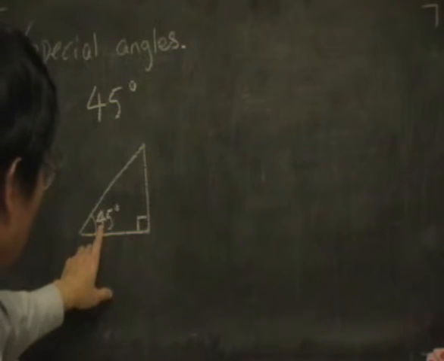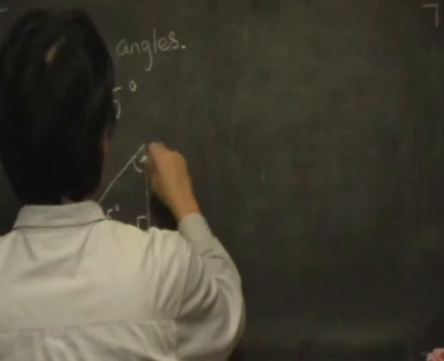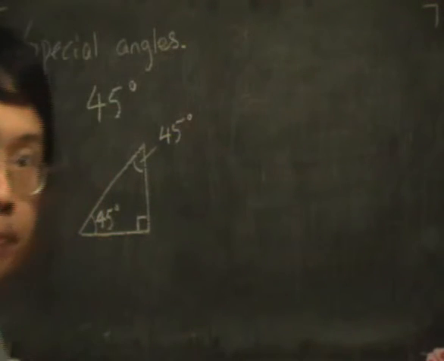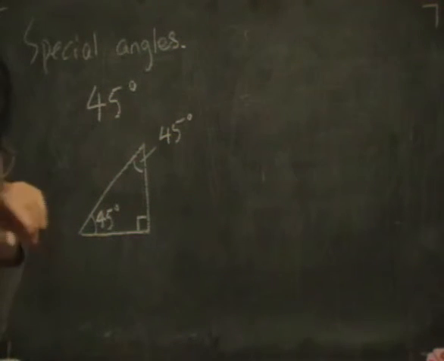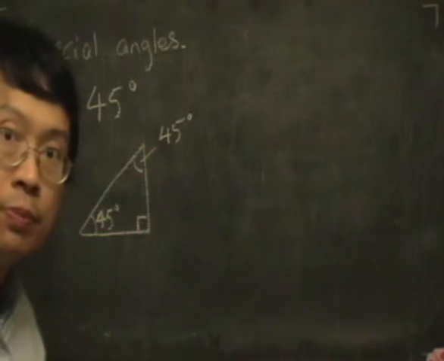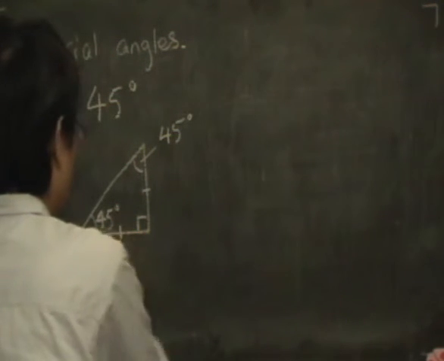Now if this angle is 45 degrees, that's 90 degrees, then this other angle must also be 45 degrees. So once we realize that two of the angles are equal, this means that these two sides are also equal.